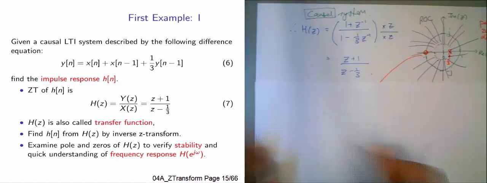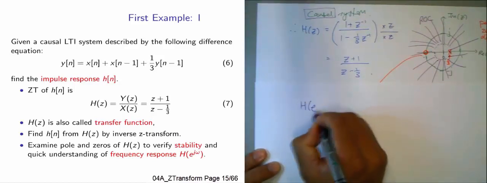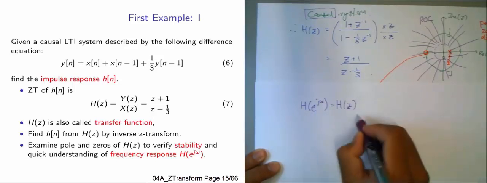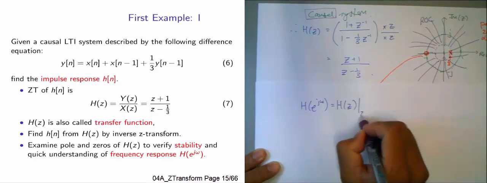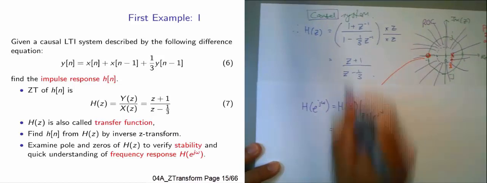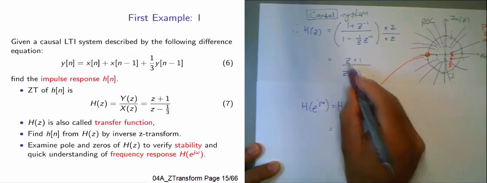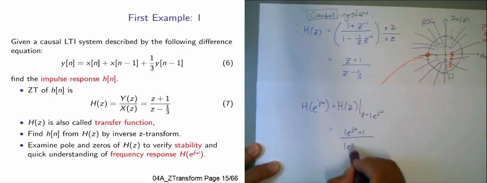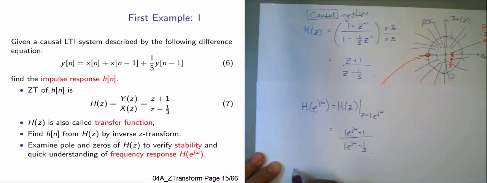How to write H of e^jω? H of e^jω is equal to H of z by replacing z with e^jω, right? And equals, if I replace this by the equation, it's nothing but this.